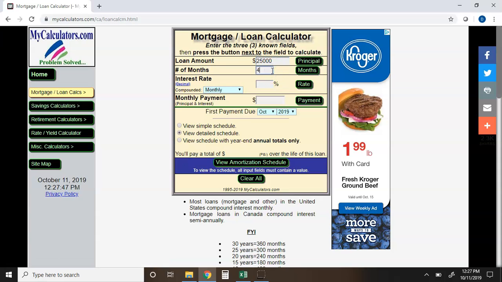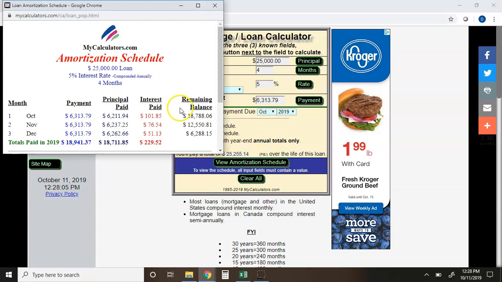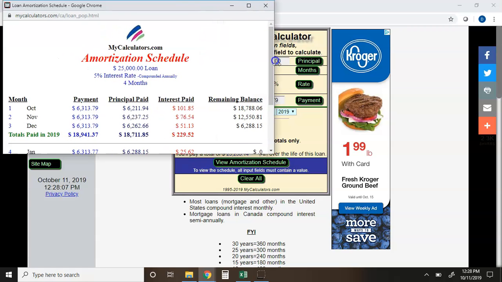The number of months is only 4. The interest rate is 5, and that's an annual interest rate. And it'll pump out a payment for us of $6,313.79, and then we can view the amortization schedule, and it looks like this.